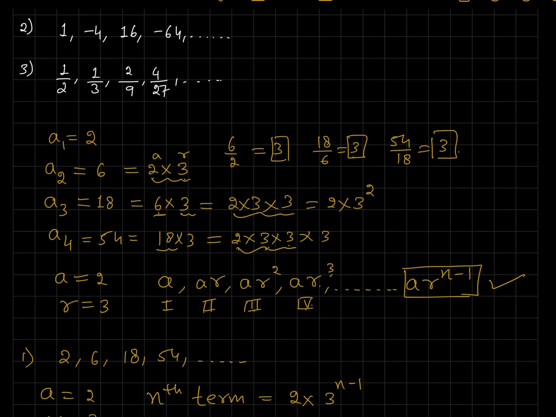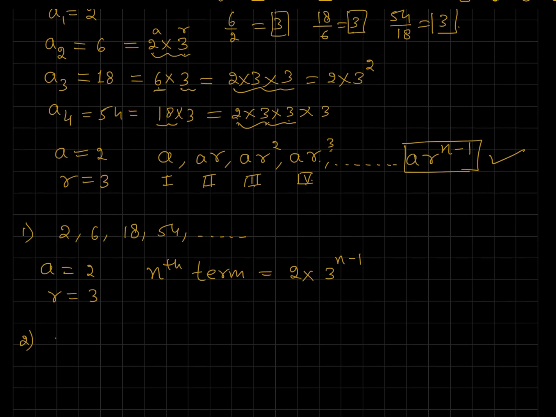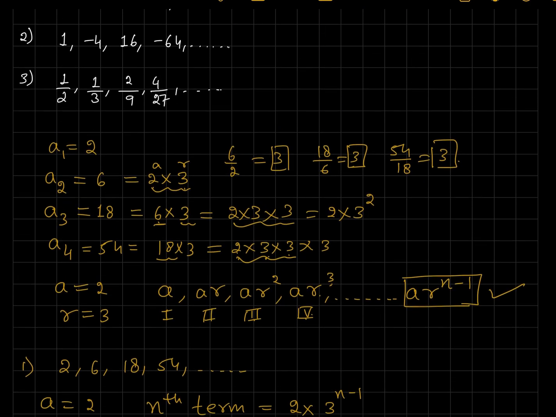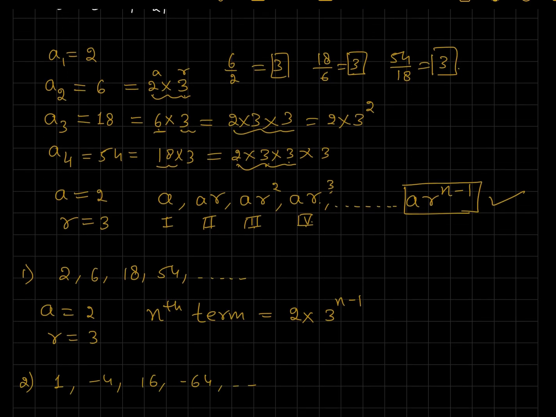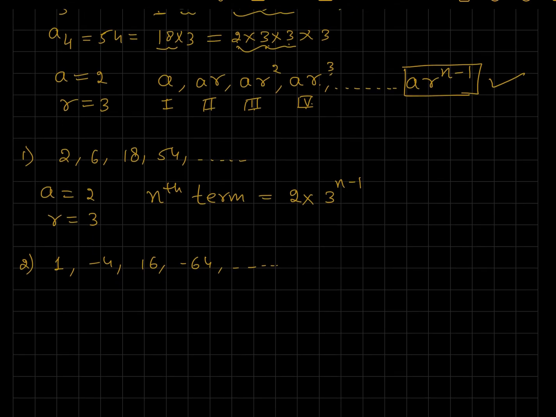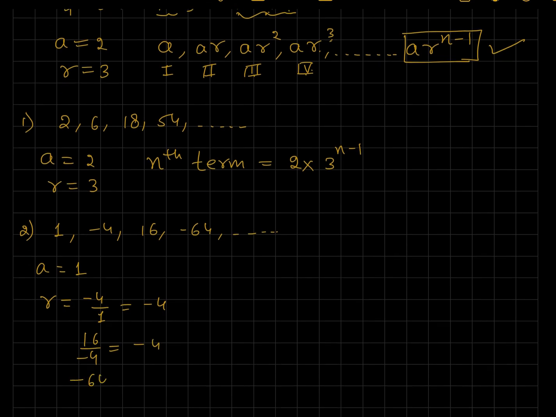Okay, now let us find it for the second one: 1, negative 4, 16, negative 64, and so on. Our task is to identify a and r. My a is 1 here. For r, we can find minus 4 by 1, which is minus 4, or 16 by negative 4, which is also negative 4, or negative 64 by 16, also negative 4.